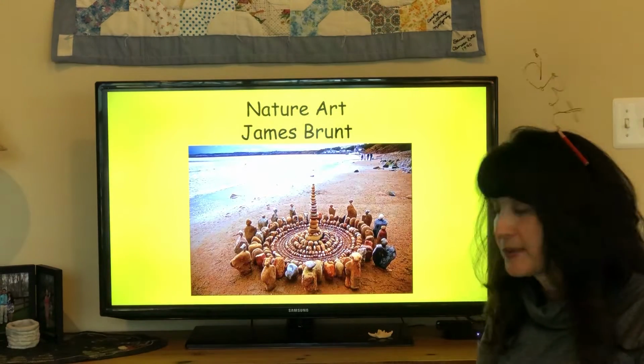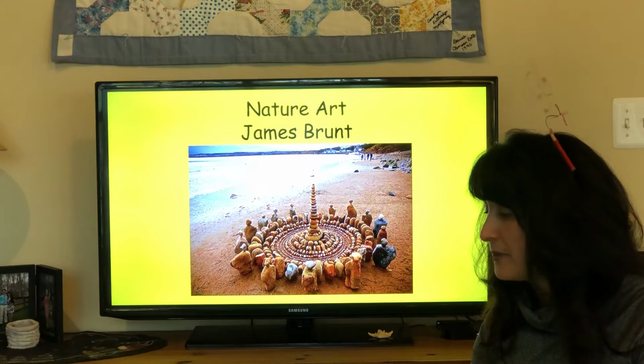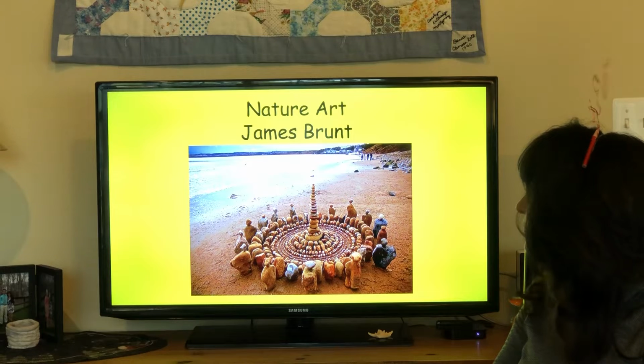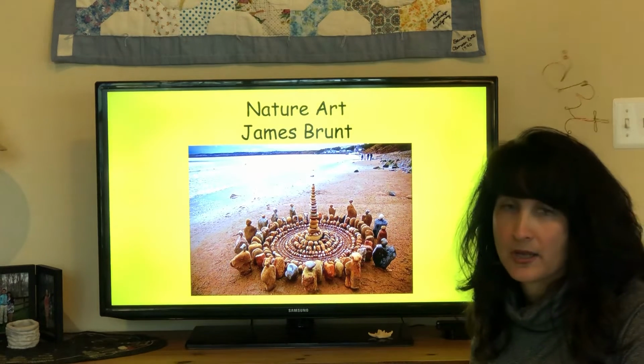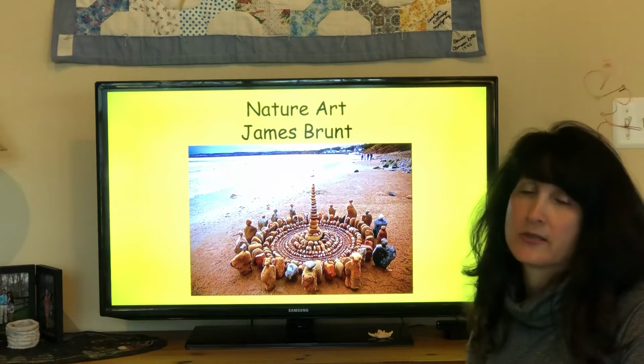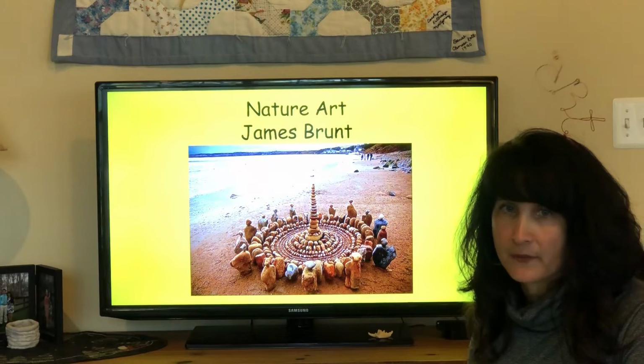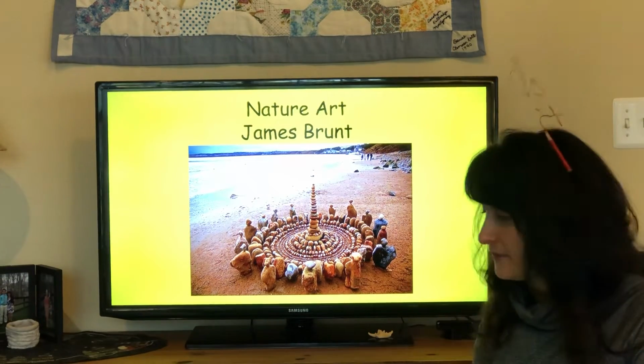And then lastly, there's contemporary artist James Brunt, who used different rock formations and stones to create these large-scale installations. So these are just some ideas of things that you can use around maybe where you live.